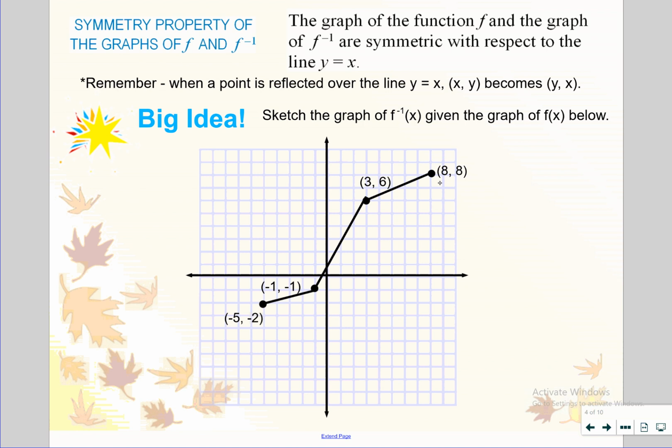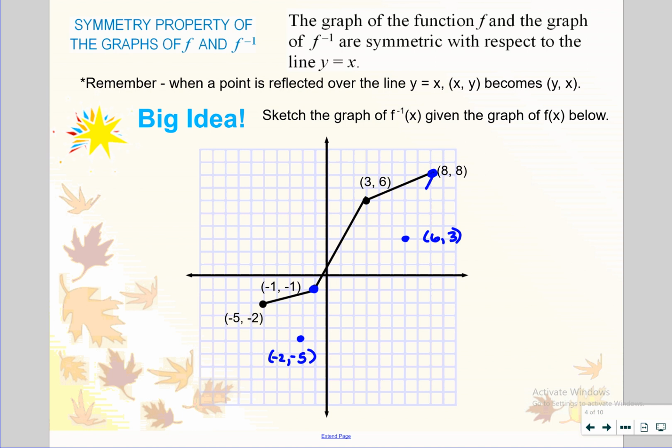Okay? 3, 6 will end up where? 6, 3. -1, -1 will end up where? Same spot. Okay. And then -5, -2 will end up at -2, -5. Down there.